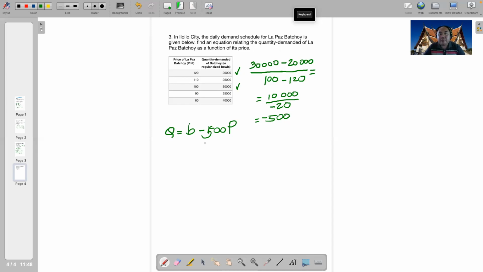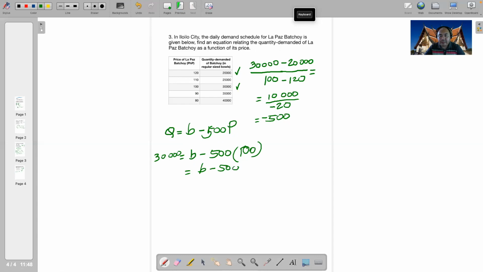Okay, so now that we have this, we substitute, we use 100, for example. To find out B, I use the point where price is 100, at 100, this is 30,000, right? So, what is 500 times 100? That is 50,000, no?